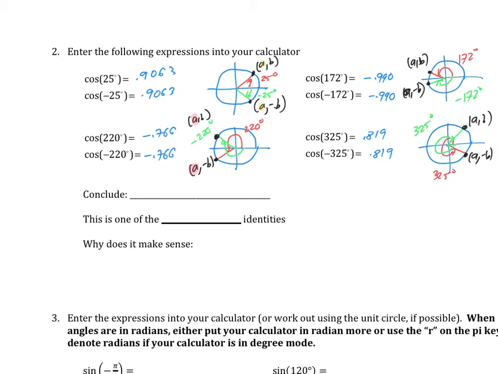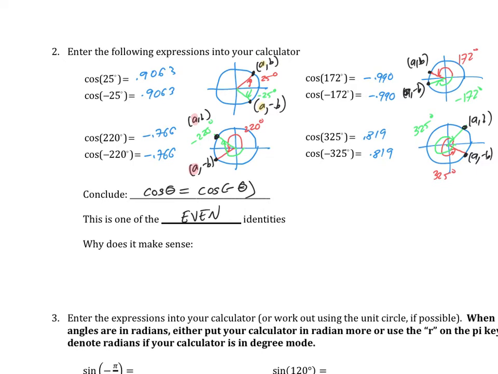Okay, so what's our conclusion? Our conclusion from these is that cosine of theta is equal to cosine of negative theta. And this is called one of the even identities, and there are a number of those.